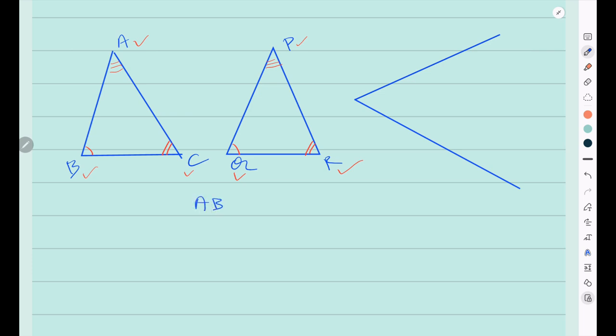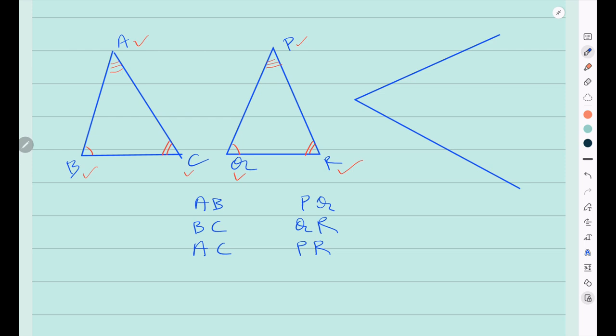If AB is the side and the corresponding side is PQ, similarly BC is the side and the corresponding side is QR, AC is the side from the first triangle and the corresponding side in the other triangle is PR.